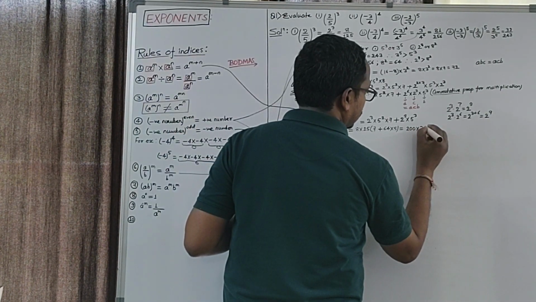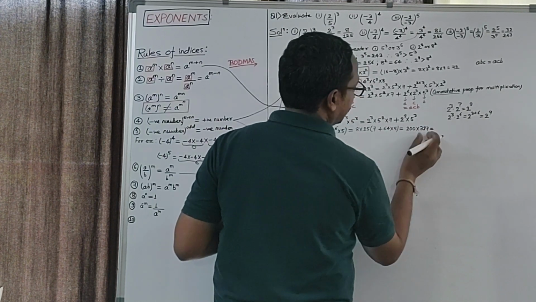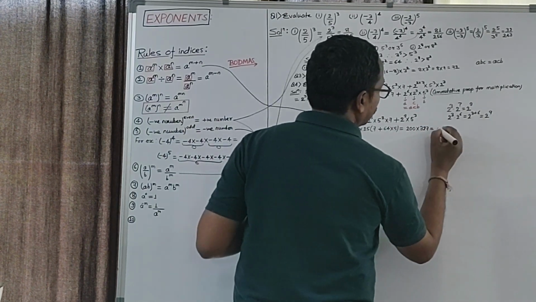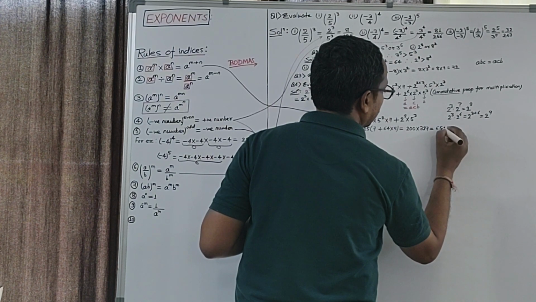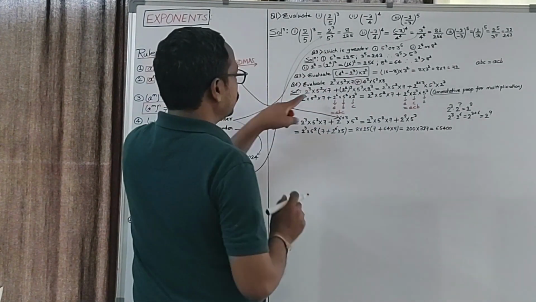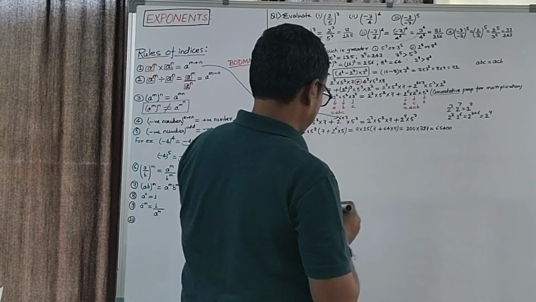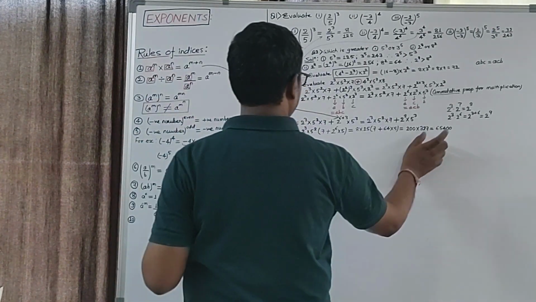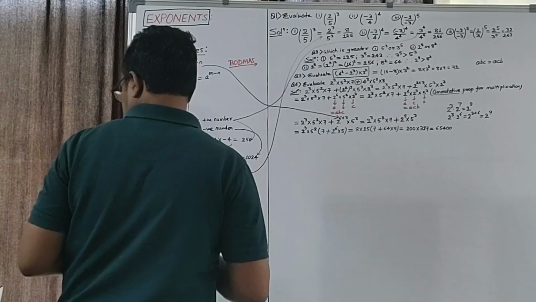So I can write it as 327. If you multiply this with 200, it will give you 65400. So after evaluation of this, you get 65,400. I hope things are clear, guys.